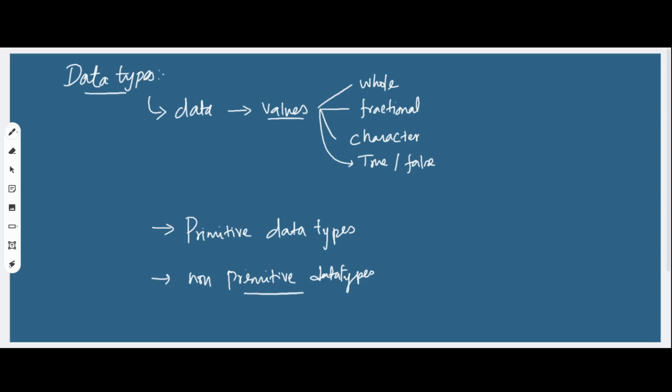Before we see primitive and non-primitive, first we will see what data types we have for whole numbers, fractional numbers, characters, and true or false condition. First, whole numbers. A whole number will be like 10, 25, 1000 or 7000.